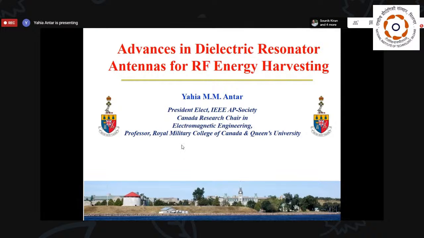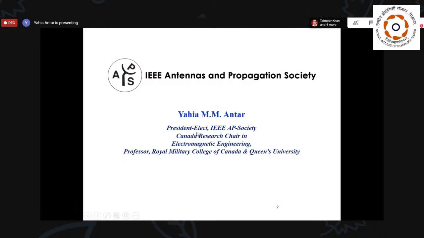If I may take on a different hat for a second, Taimur mentioned that I'm the president-elect for the AP Society, and I'm going to be the president starting January. I don't know how many of you are members of the Antennas and Propagation Society, but when I was young, and that was a long time ago, I doubted if I should join.